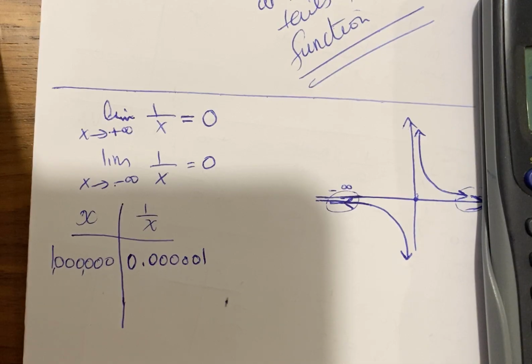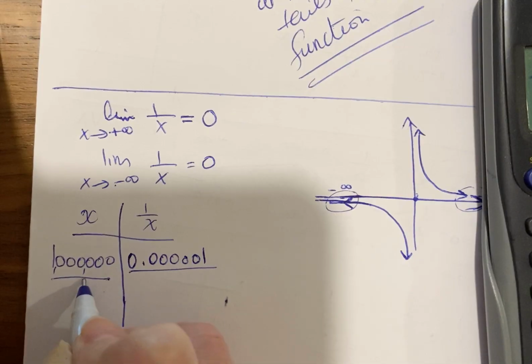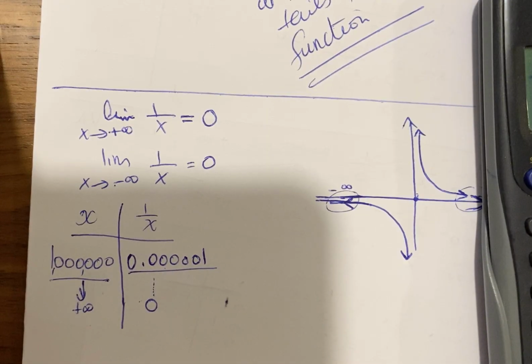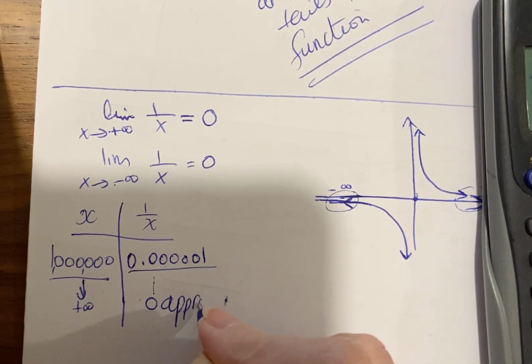Imagine. So over here, look how small this number is, and we're still at a million. What if we continued all the way to plus infinity? This number will keep on becoming smaller and smaller, approaching zero. Approaching zero. It is never equal to zero.